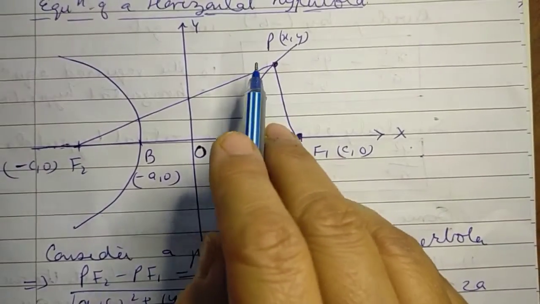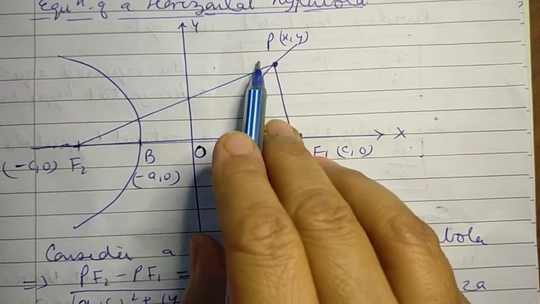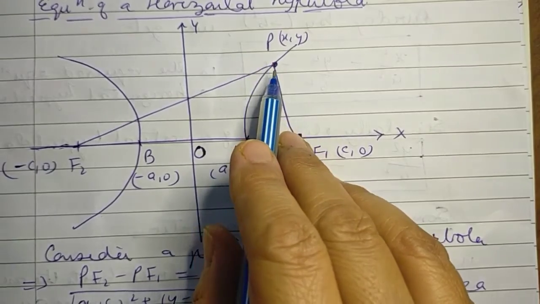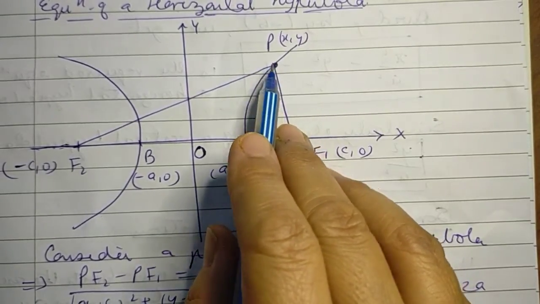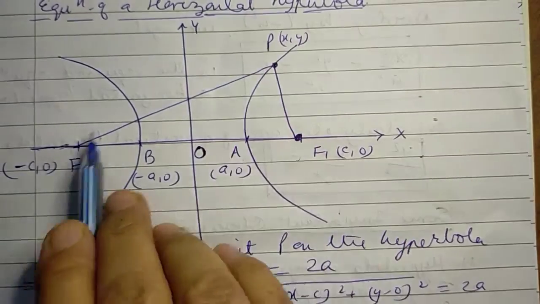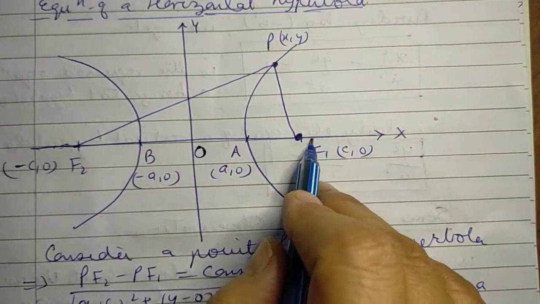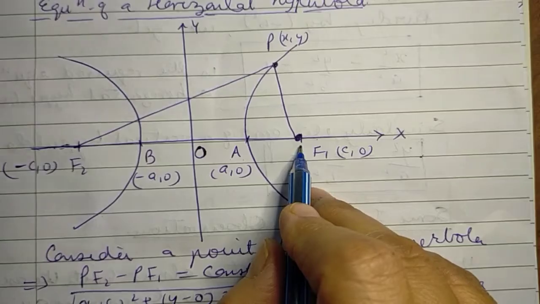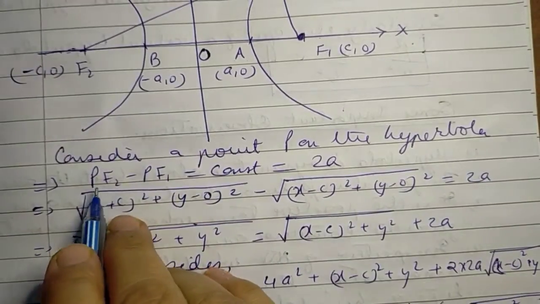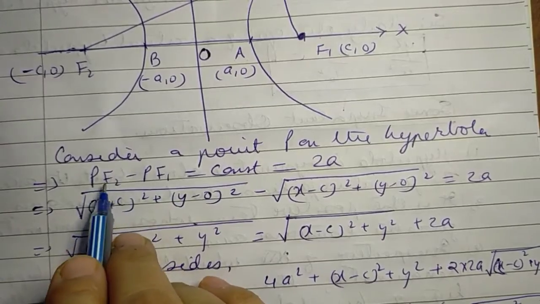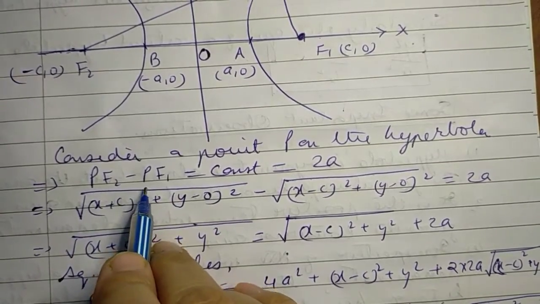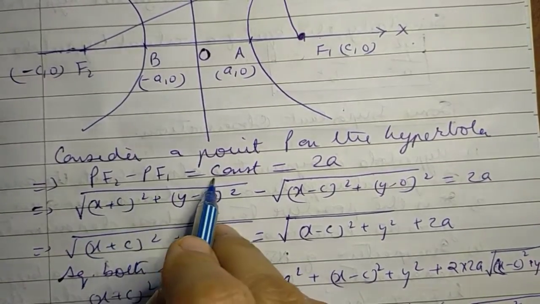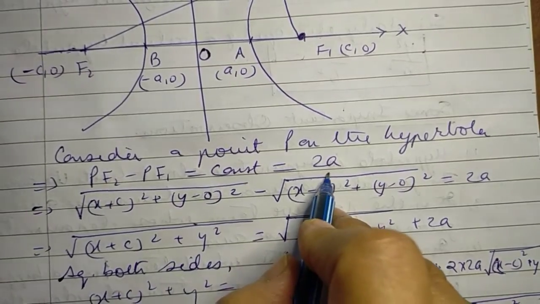Now, since P lies on the hyperbola, it will satisfy the condition that the difference of its distances from the two fixed points, that is the two foci, would be a constant. In the previous video we found the constant is equal to 2a, and so we get PF2 minus PF1 equal to 2a, because it's always the bigger distance minus the smaller distance.